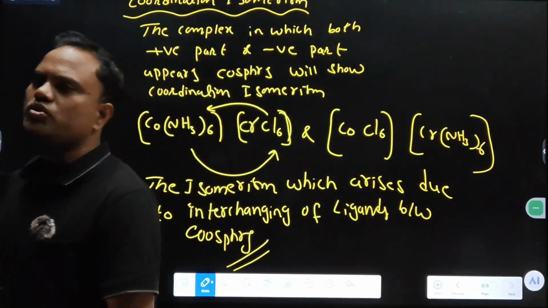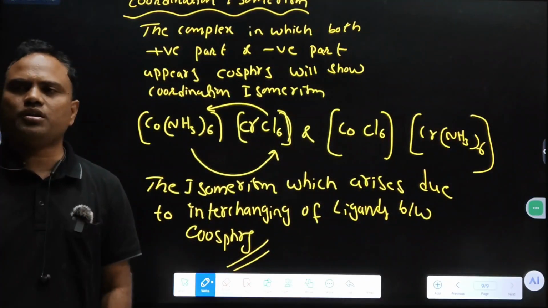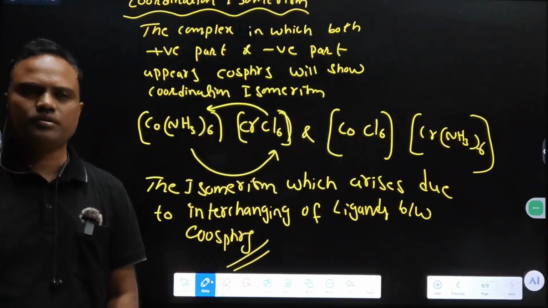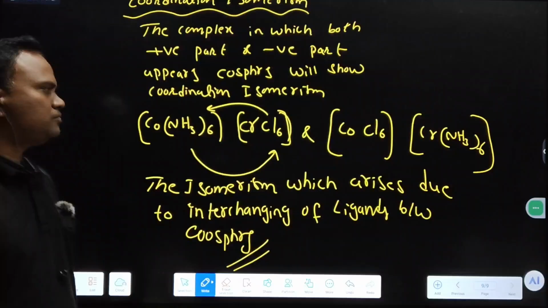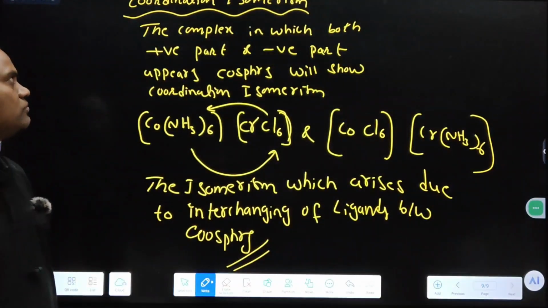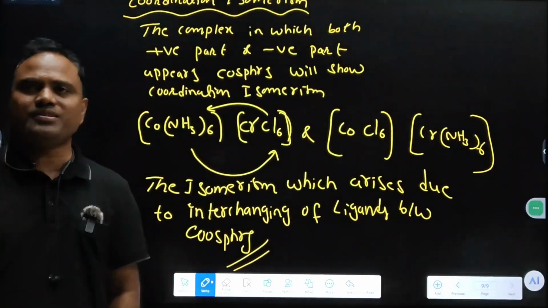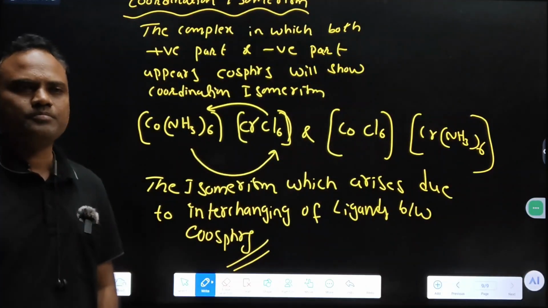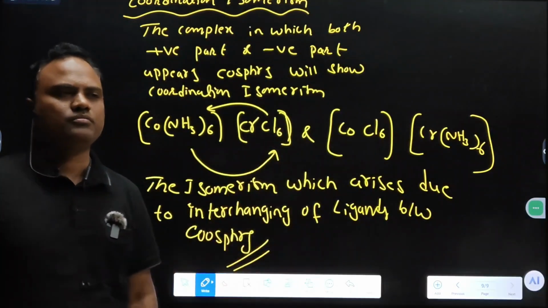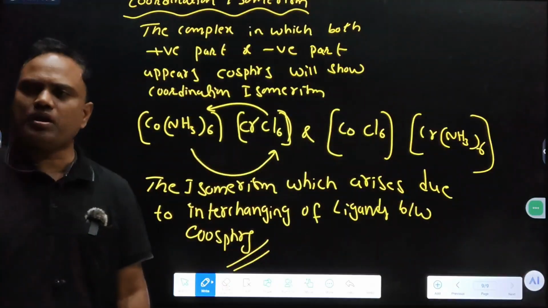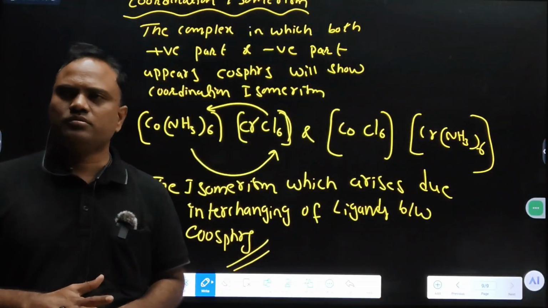So whenever you observe two square brackets, mostly that example will come under coordination isomerism. Okay. And the condition is the positive part and the negative part should appear as square brackets. Why are we considering this as the negative part? Halogen is negative. So the remaining counterpart is positive.